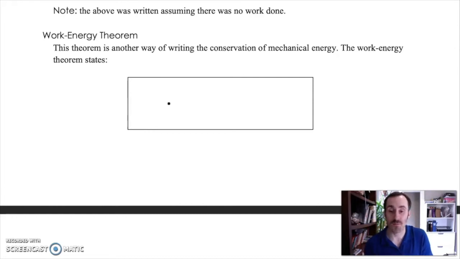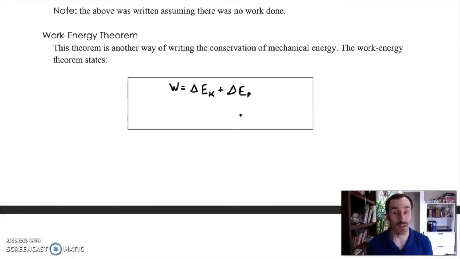We can make it a little bit more general by writing the work energy theorem like this. Work equals the change in kinetic energy plus the change in potential energy. So however much kinetic energy has changed, plus however much potential energy has changed, that total change adds up to the work that was done.